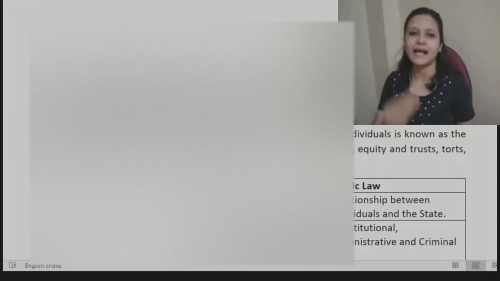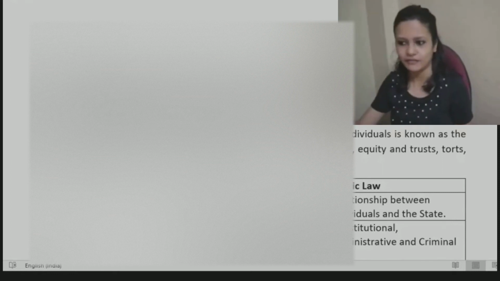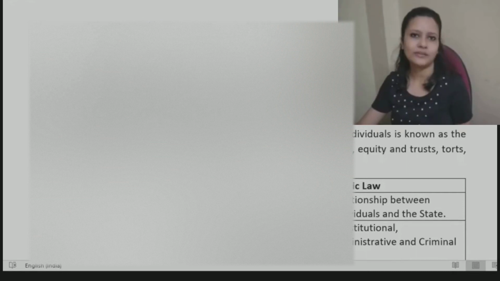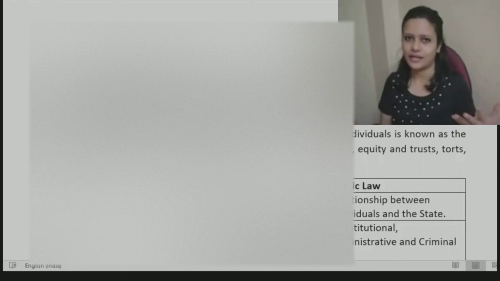As the name itself suggests, private law has something to do with your private rights, and public law has something to do with public rights, like the rights of the majority. That's how this classification is being done.